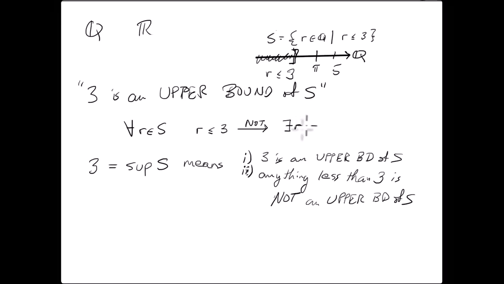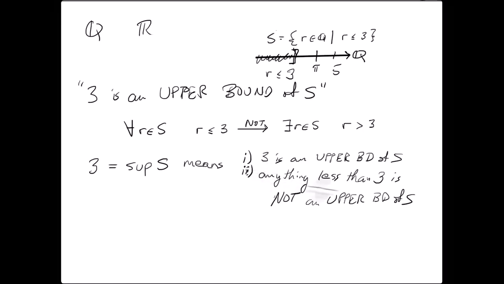Flip the quantifiers, negate the statement. So there's the definition of 3 is not an upper bound. Of course, we're not looking at 3. We're looking at something, anything less than 3.